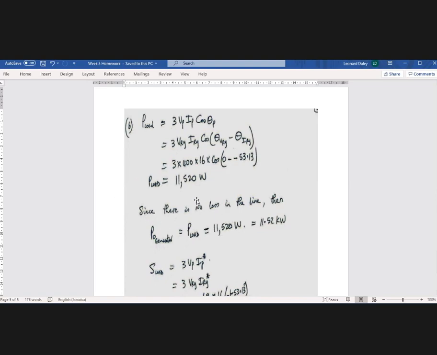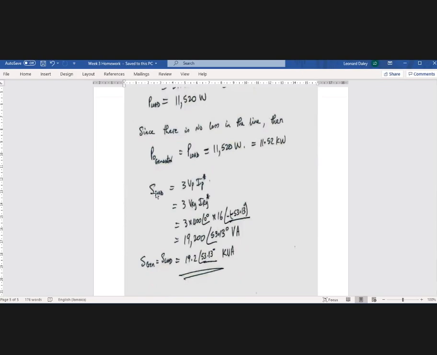All right. And then the apparent power is 3V phase I phase conjugate. It's 3VI conjugate. You probably remember from maths that the conjugate of an angle would be the negative of that angle.